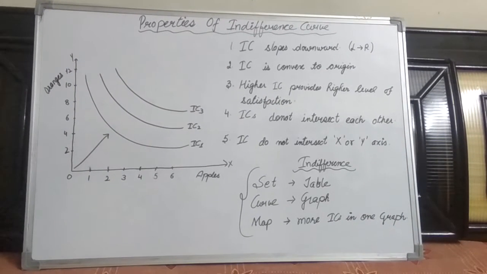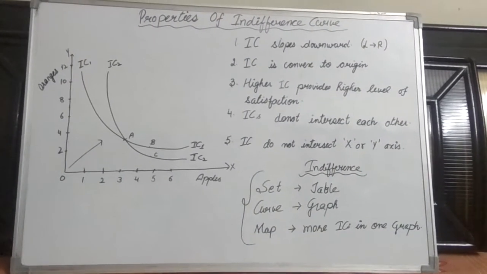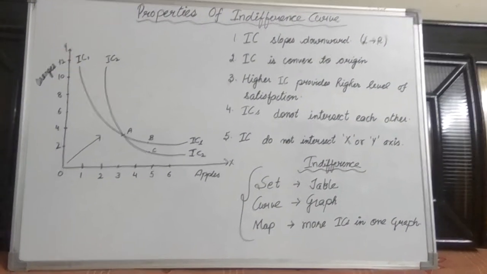The fourth property is that ICs do not intersect each other.